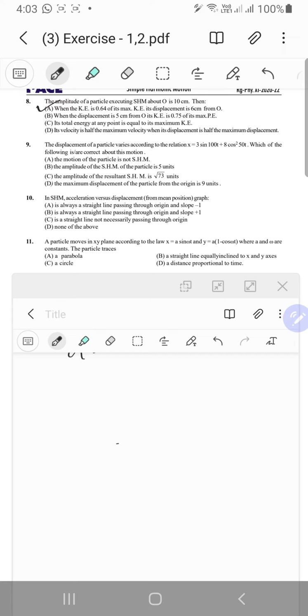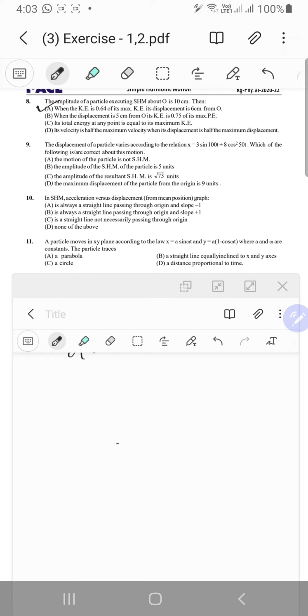Well, we have not yet defined the potential energy though. I mean, okay, if we do define it to be 0 at the mean position, then yeah, looks correct. 3 by 4 is 0.75. Looks correct though, but I think I should not be choosing this because we still have not defined potential energy.